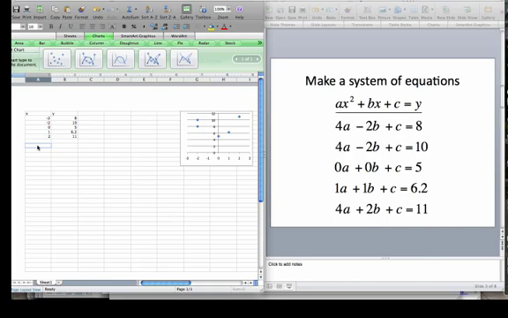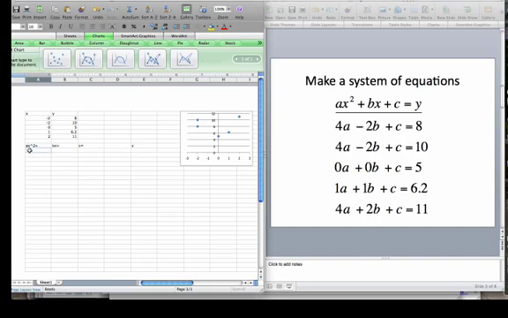So the first thing I'm going to do is write the equation ax squared plus bx plus c. I need to put these pluses at the end of a cell, not at the beginning, or Excel will think that I'm doing something else. That tells Excel to do something else. It's a formula. Okay, so here's the equation.